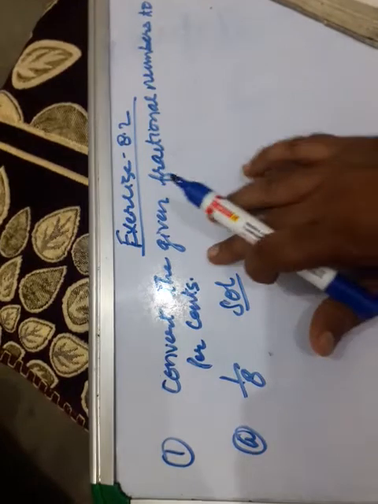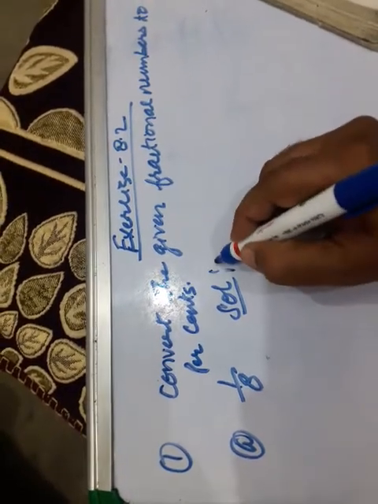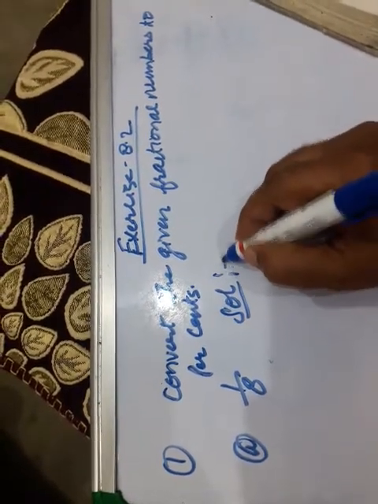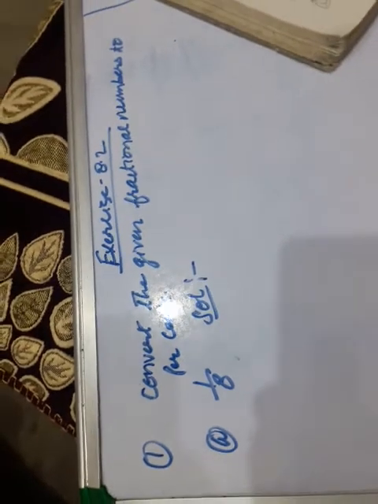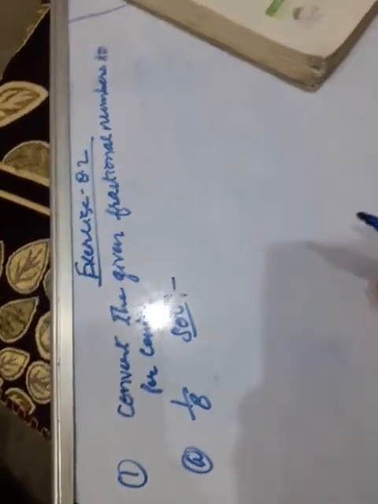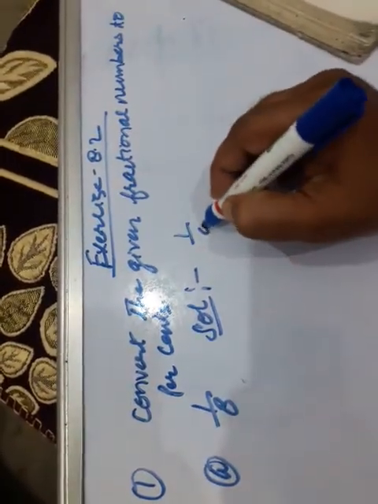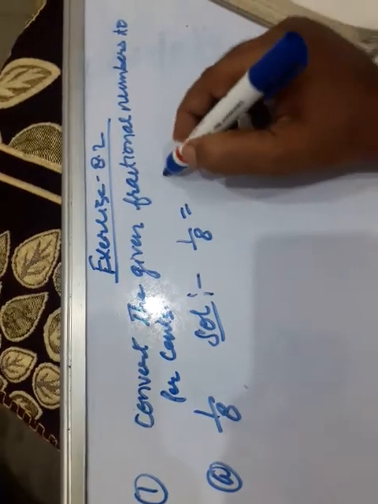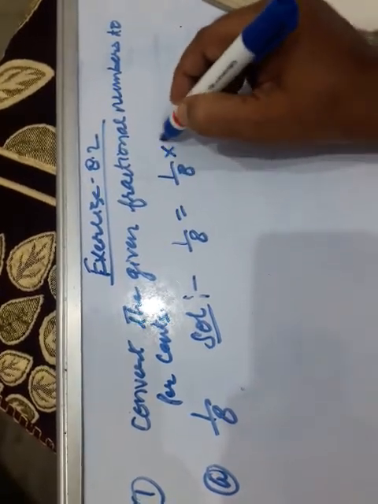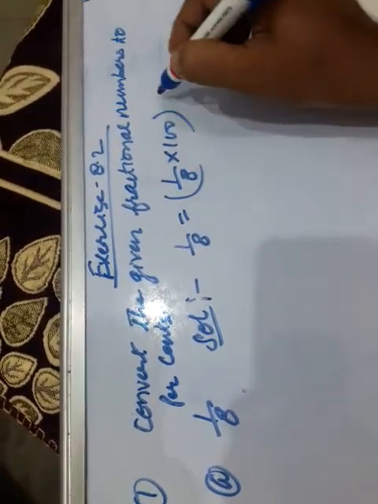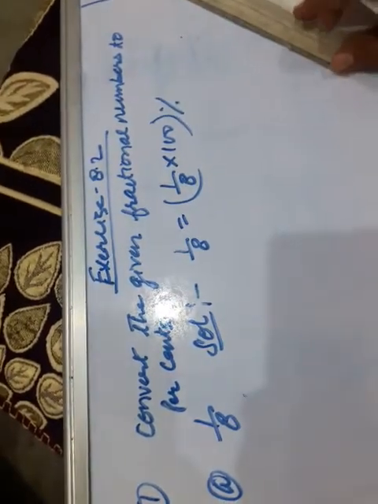Children, in the previous class we discussed that whenever we want to convert a fraction into a percent, we have to multiply the given fraction by 100 and put the symbol of percent. Okay, children, let us start. 1 upon 8 equals 1 upon 8 into 100, bracket closed, and put the percent symbol, and you calculate it.